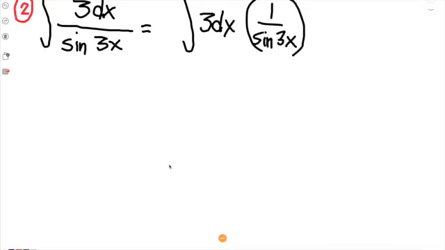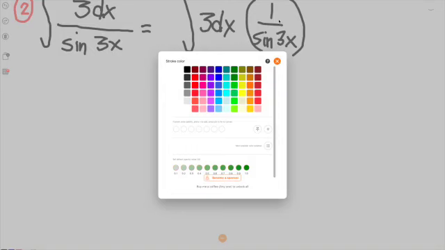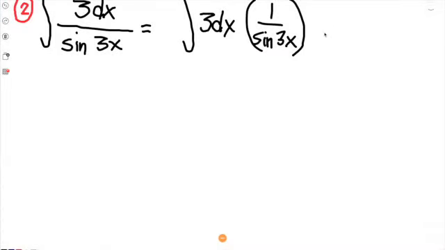We know that 1 over sine u would just be equal to cosecant u. So we can replace 1 over sine 3x by cosecant 3x.